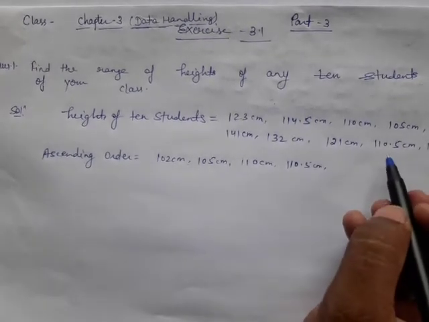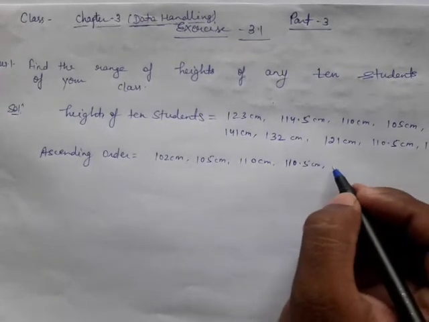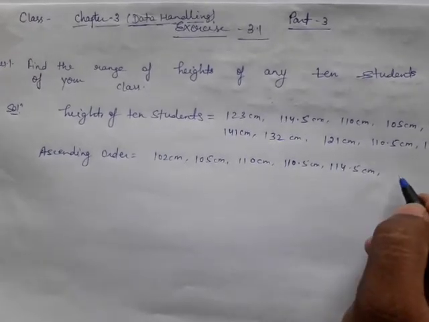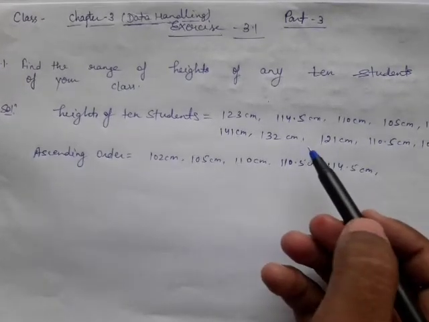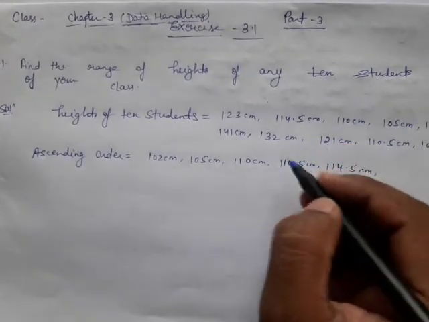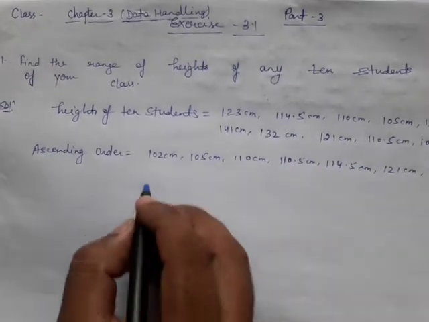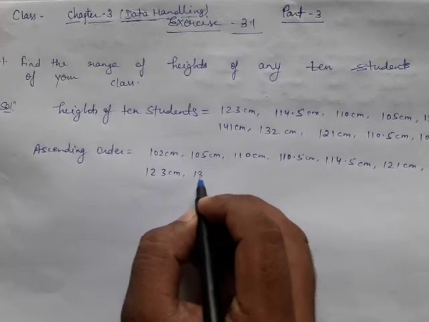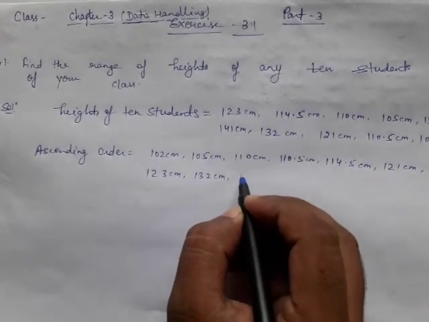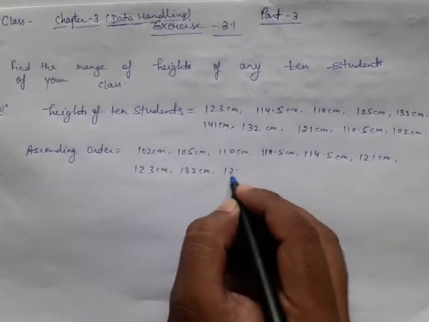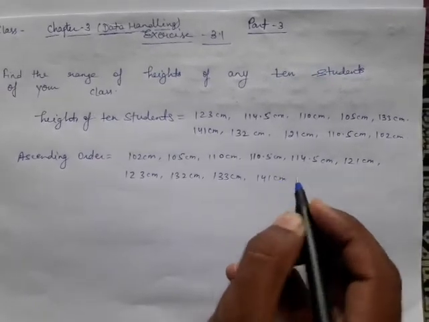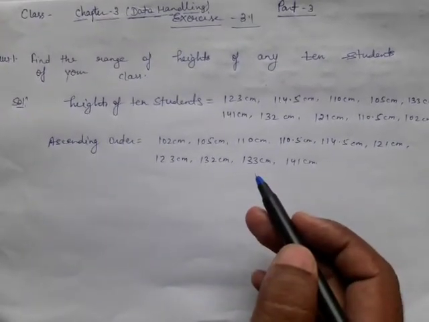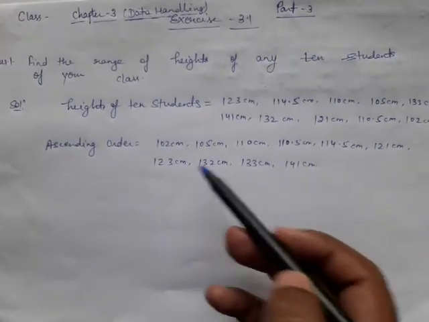Then 114.5 centimeter, and after that 121 centimeter, then 123 centimeter. After that 132 centimeter, 133 centimeter, and the last is 141. Count them: 10 values.